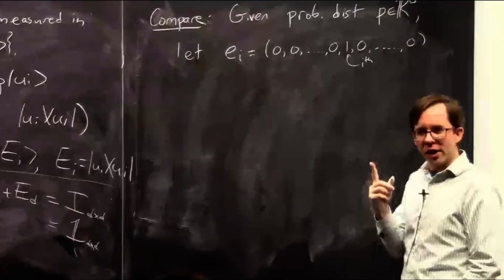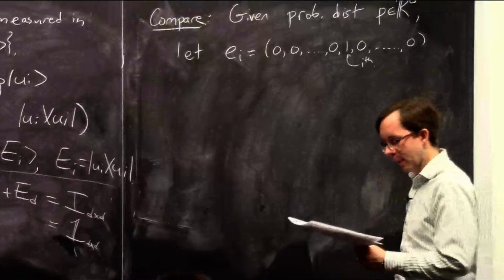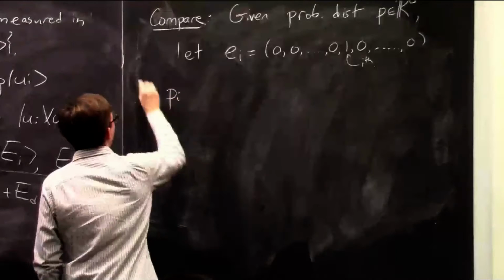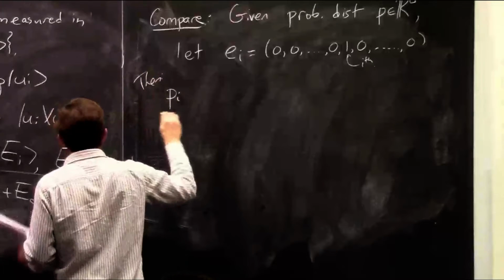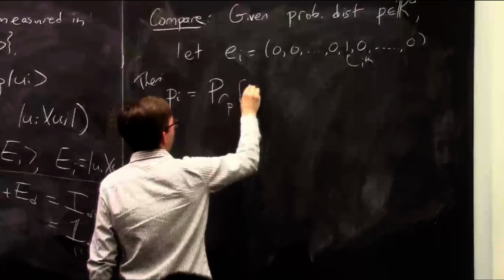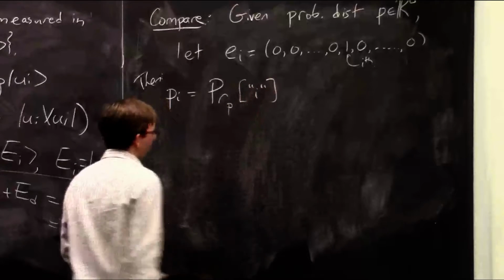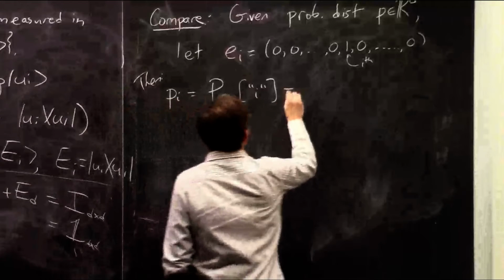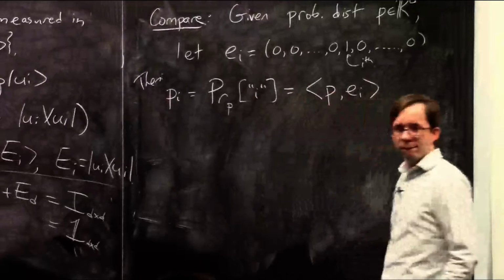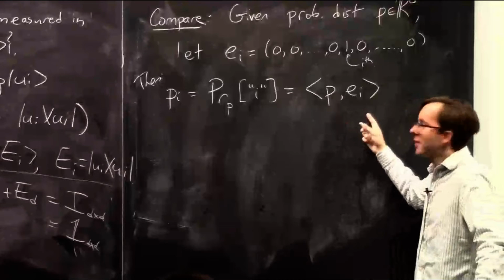It's kind of like the indicator vector for the ith position. Then Pi, which is the probability when you make a draw from P that you get I, is the inner product of these two vectors, P and EI. This is the usual good old classic dot product.